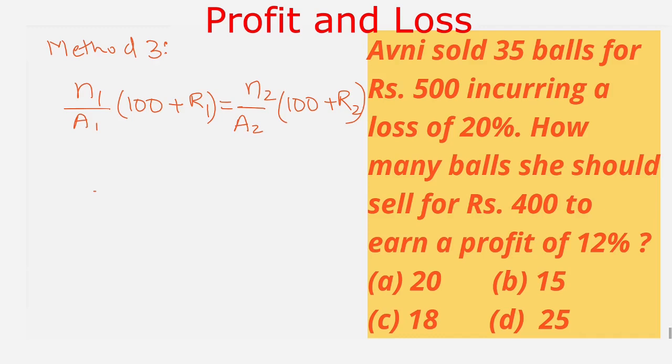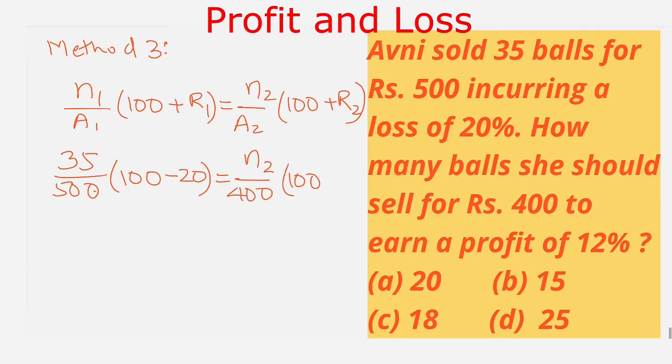Here N1 is 35 and A1 amount is 500, into 100, and R1 is loss of 20%. As it is loss, we put minus 20, equal to N2, which is asked. So we put N2 and amount A2 is 400, into 100 plus 12 as the profit is 12%.